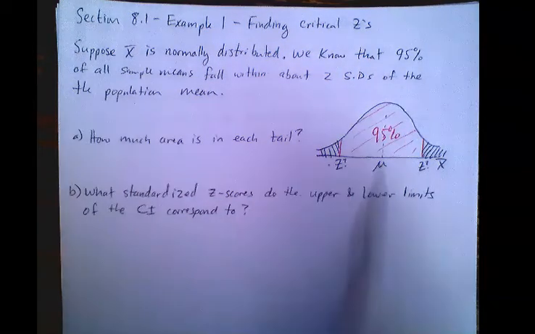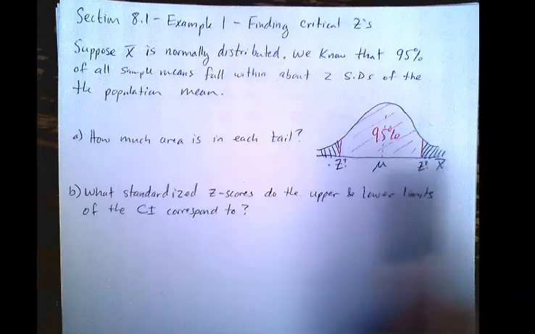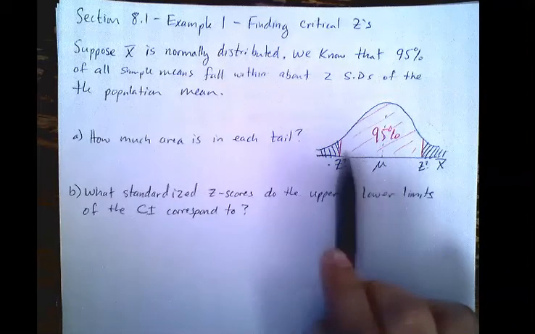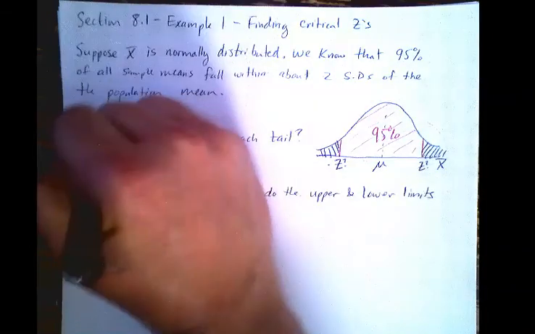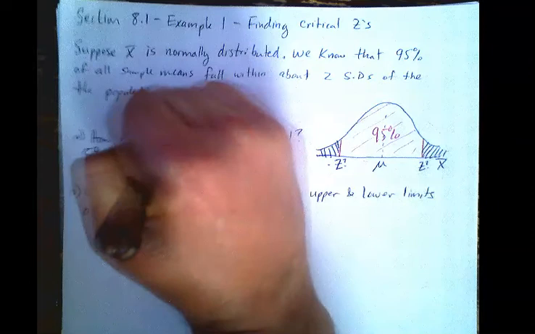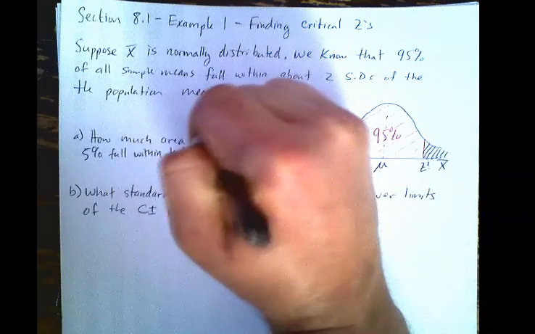So let's think about it. How much area is totally under the normal curve? Well, 100% of the area, right? So if you already accounted for 95%, that means that 5% falls within both tails.